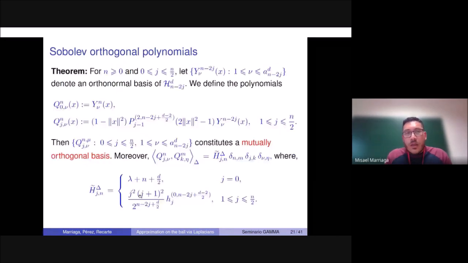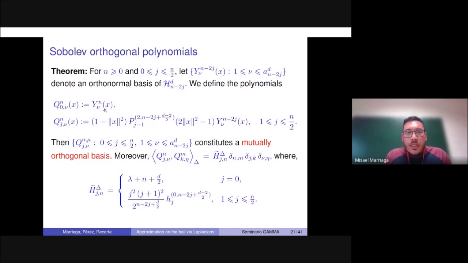All right. So our first result consists of the construction of an orthogonal basis with respect to our inner product. And here is our result. Just like in the classical case, whenever j equals 0, this basis coincides with the harmonic polynomials. And when j is different than 0, the construction is very similar to the classical one, where we have a radial part and a spherical part, except that in this case there are some differences.